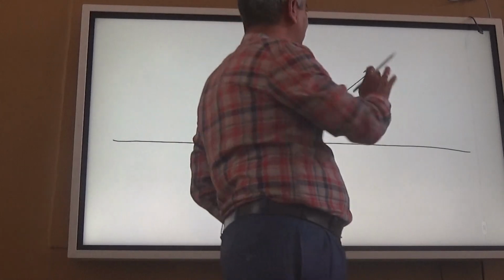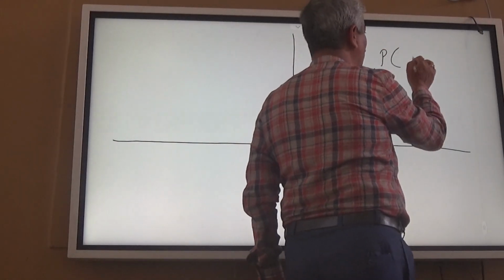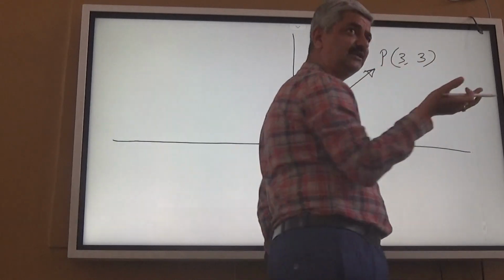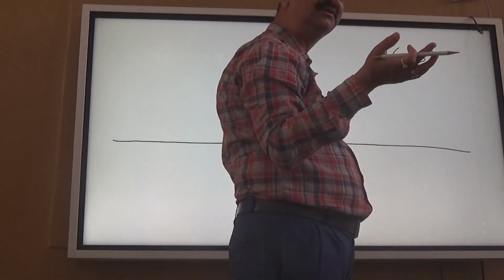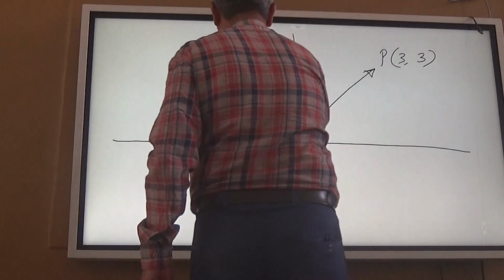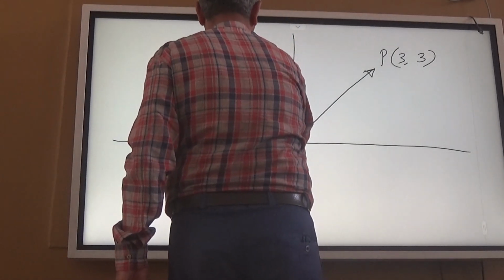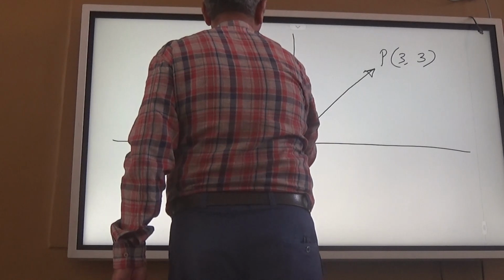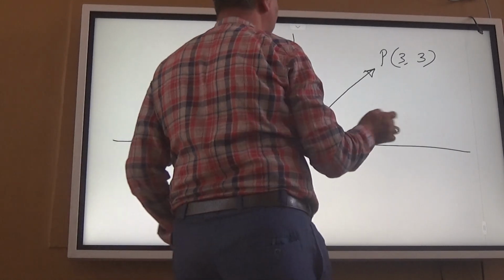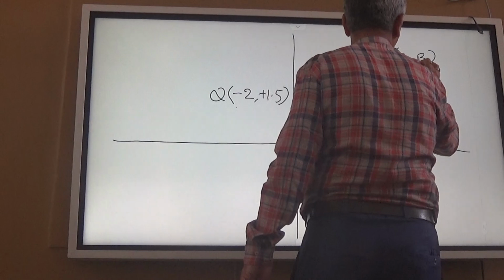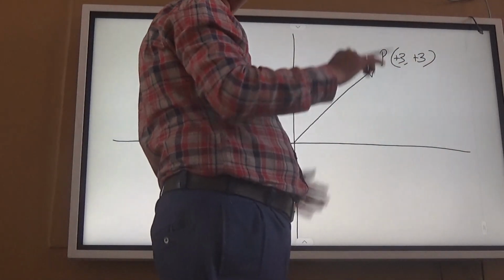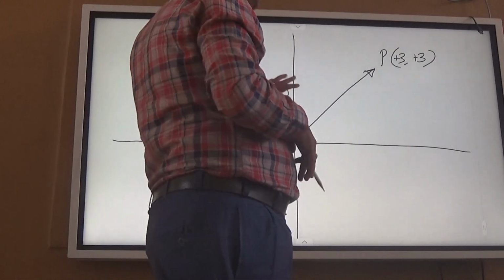In general, a point P having some coordinates, say 3, 3, is a point, right? So point Q is -2 plus 1.5. We can use the plus sign positively so that there should not be any confusion. Is it clear?